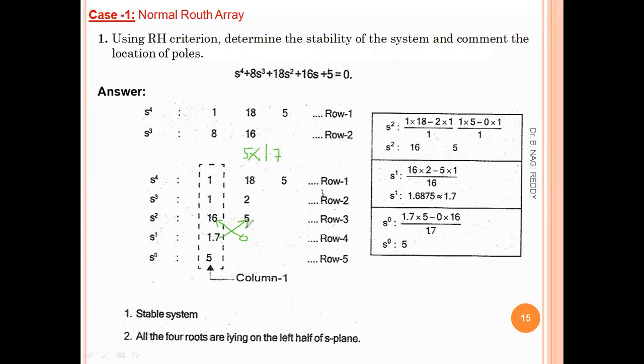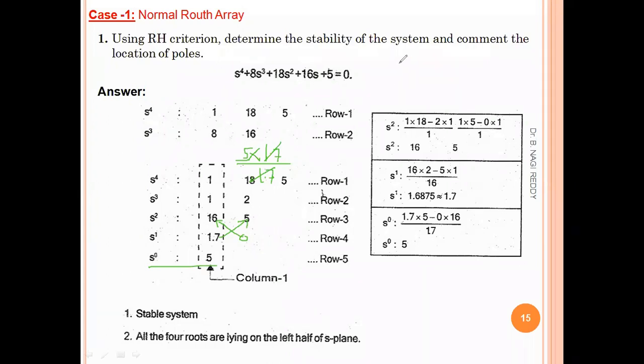Here 1.7 and 1.7 will get cancelled. So we directly get 5 as the coefficient of s power 0. There are no other terms, so only the 5. This is the last line of the Routh array, because the s power has come to 0 here.